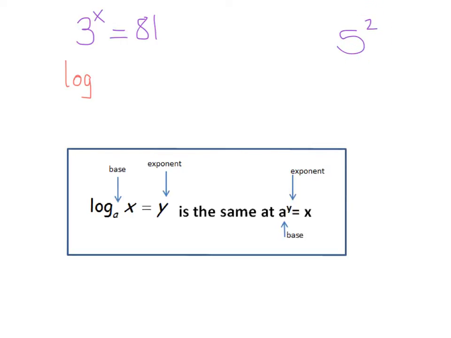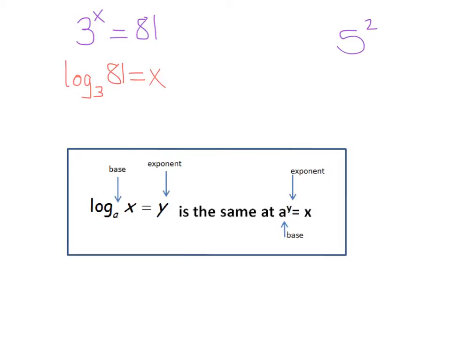Base, exponent. So what's the base over here? Well, the base is 3. So we're going to say log base 3 of 81. We bring this over to here, equals that exponent, x. Log base 3 of 81 equals x.